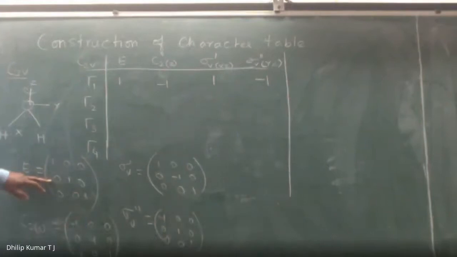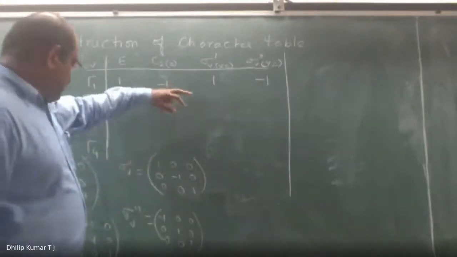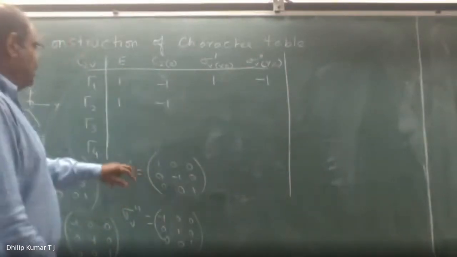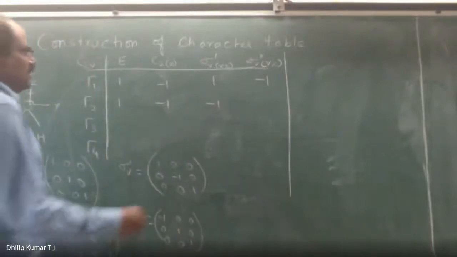Similarly, you can write the second row. For E, it is 1. For C2, it is -1. For sigma v prime, again -1. For sigma v double prime, it is 1.